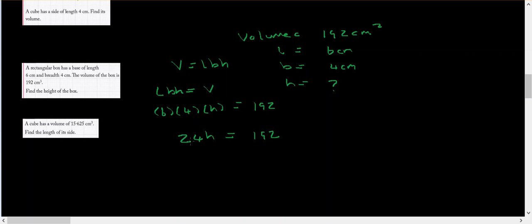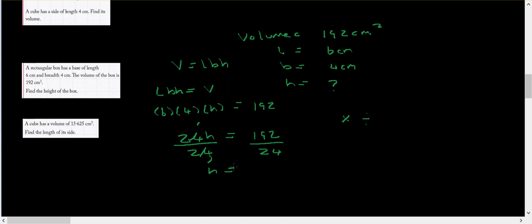The opposite of multiplication is division, so we divide this side by 24. If we divide one side by 24, we have to divide the other side by 24 as well. So that will go in there once, that will go in there once.